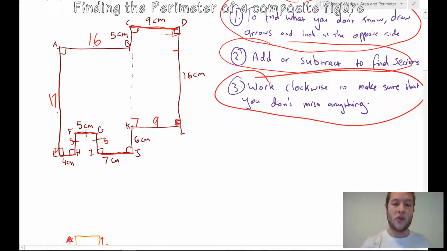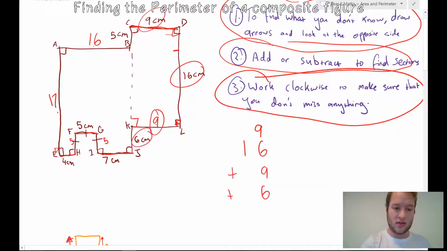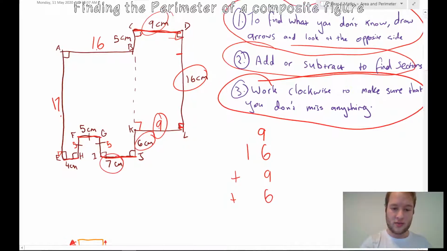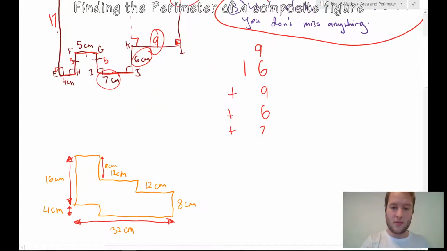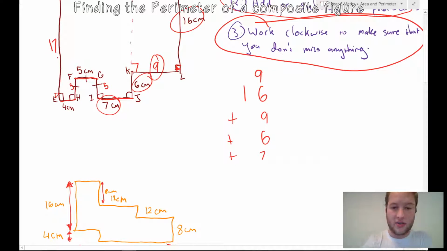So we've got 9 plus 16. So I might just make some more space. So I've got 16 to make sure I do it. So I've got 9 plus 16 plus 9 plus 6. Yeah. Plus 7. Ignore this extra picture I've got here. That's for the next question.